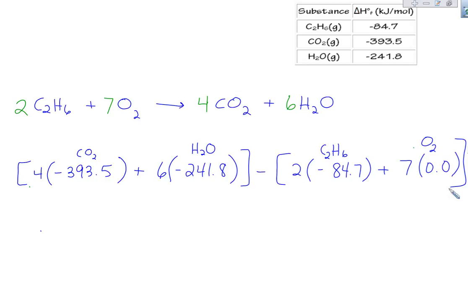All right, I like to simplify these. So I'm going to plug this in: 4 times negative 393.5 plus 6 times the water, negative 241.8, minus 2 times negative 84.7, negative 169.4.